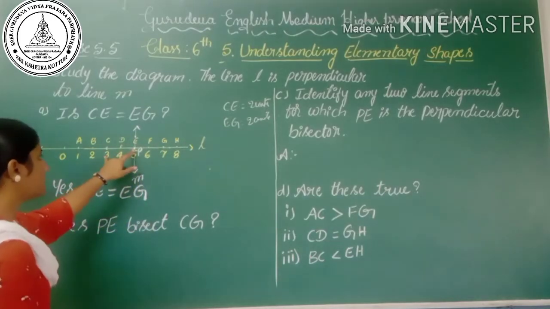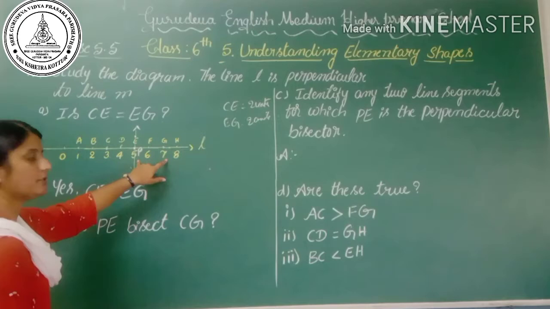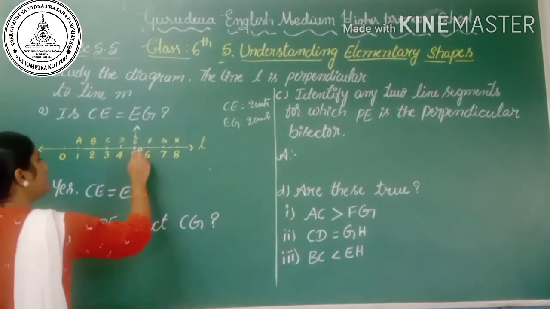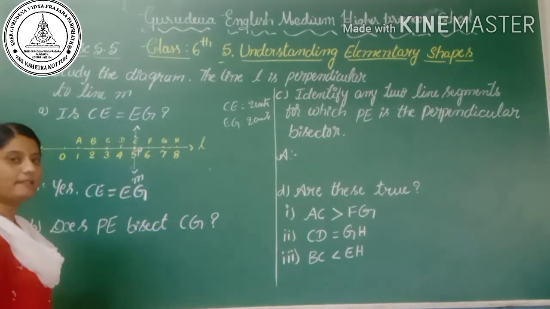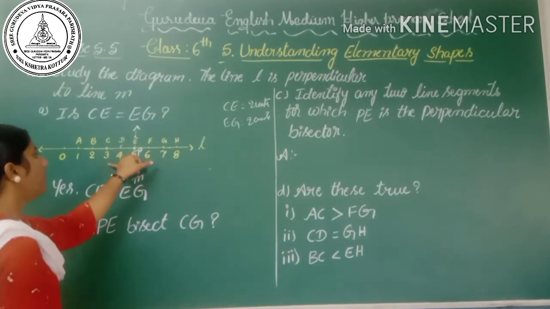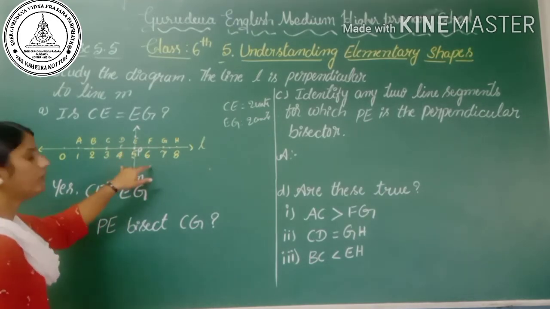It means CE is equal to 2 units, then EG is equal to 2 units. Bisect means it divides the 4 unit line segment into 2 equal parts.